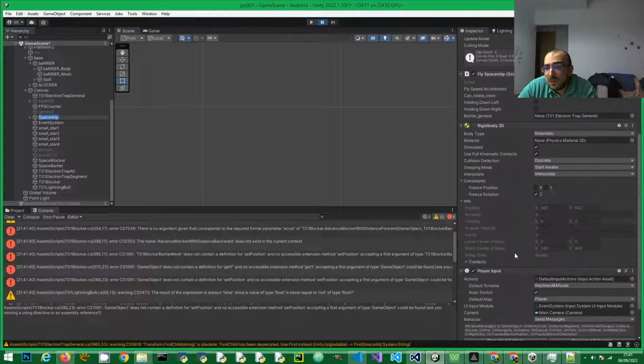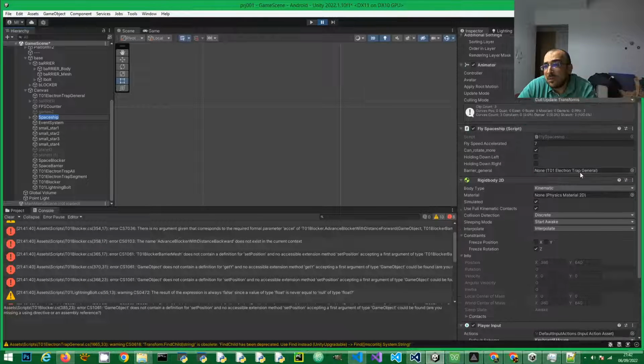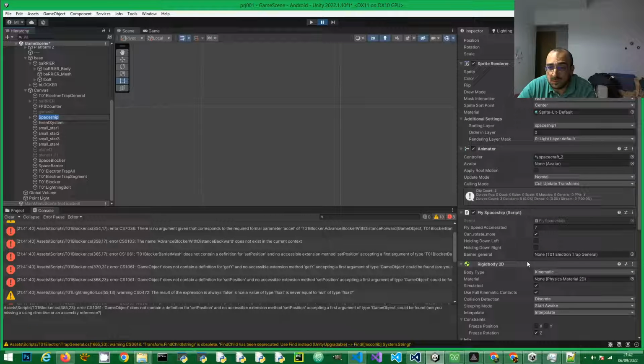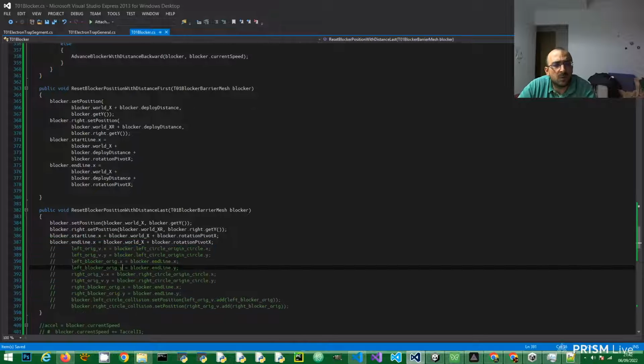With rigid body, they're automatically done. You have the collision detection system right here. You can modify it from the integrated development environment directly. You don't have to write any code. So it's pretty simple. But let's return to the code right here.